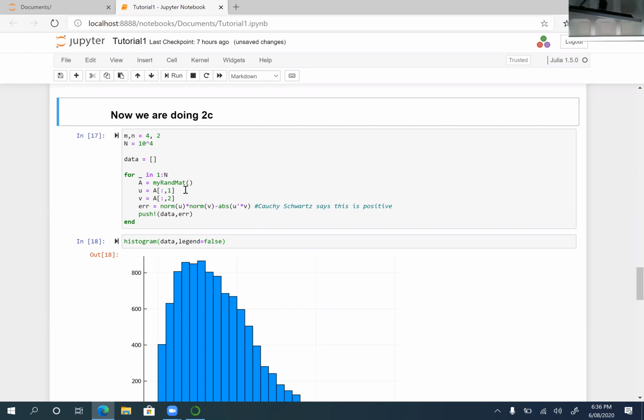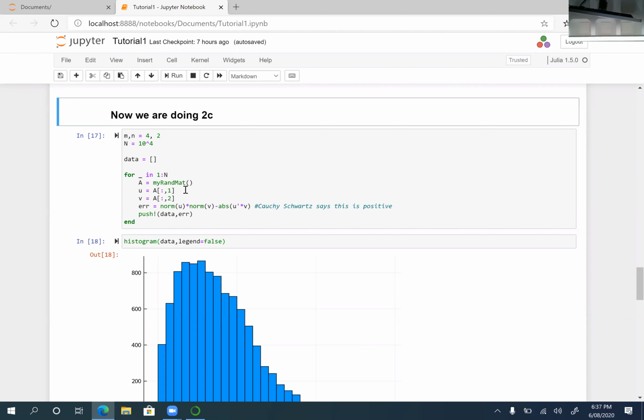So we should have the norm of U times the norm of V being greater than the absolute value of the dot product of U and V. Now, here in Julia, we can compute the dot product using a matrix product by transposing U and multiplying that by the matrix V. Of course, both of those are column vectors.